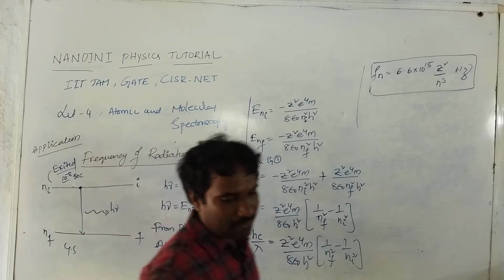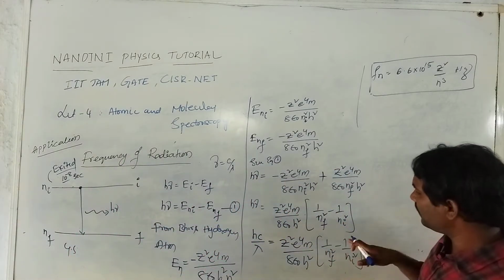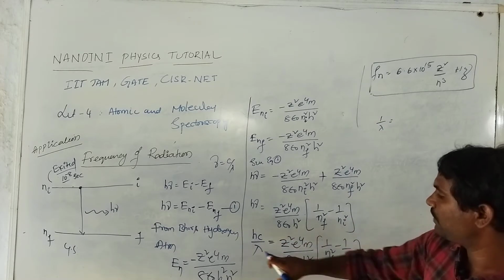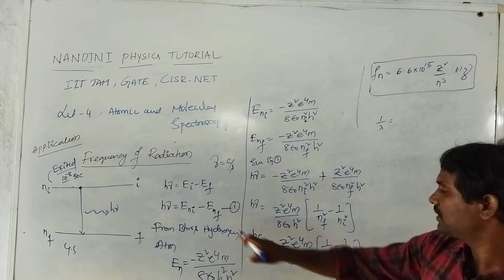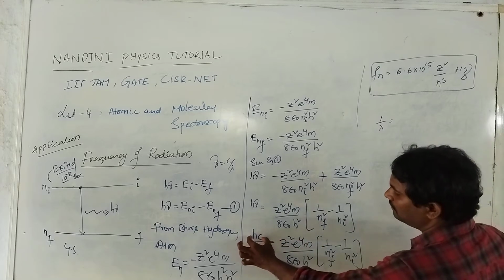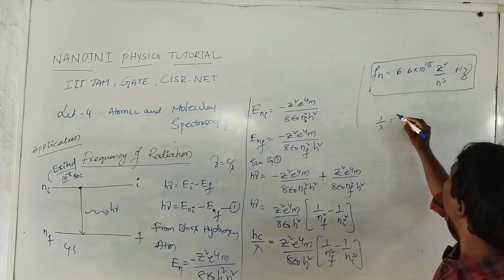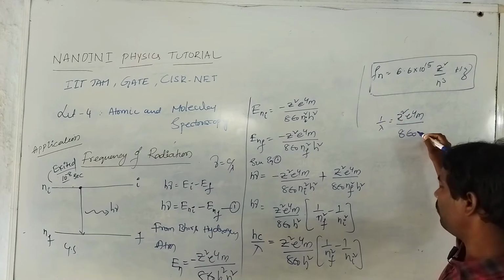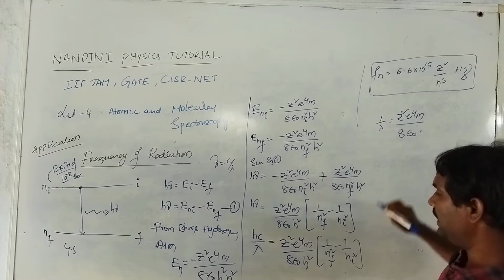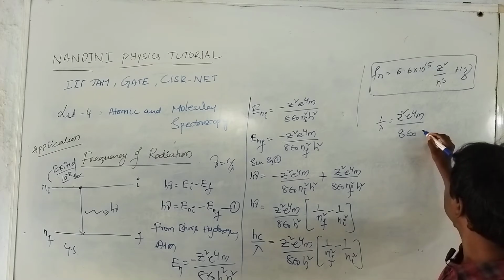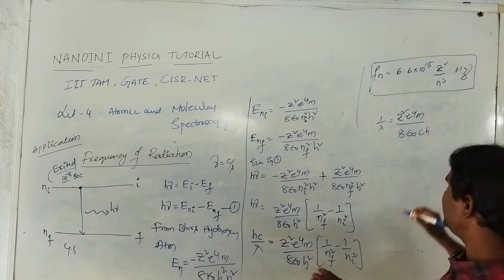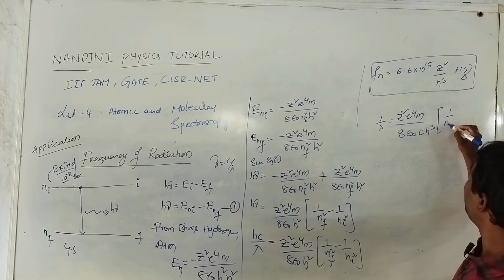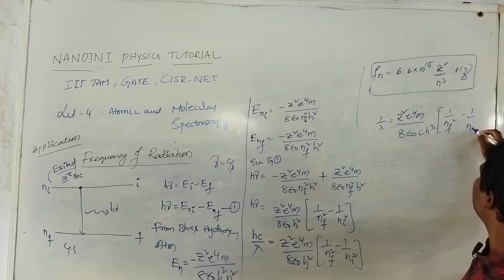Now, what is 1 by lambda from this equation? Simply cross multiply, so this value comes over here. Therefore 1 by lambda is equal to z square e power 4 m divided by 8 epsilon naught c h cube, into 1 by nf square minus 1 by ni square.